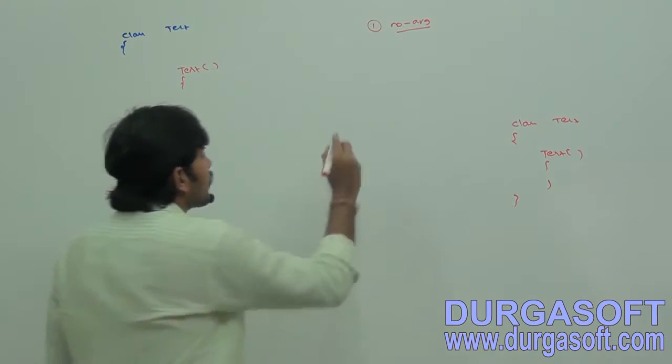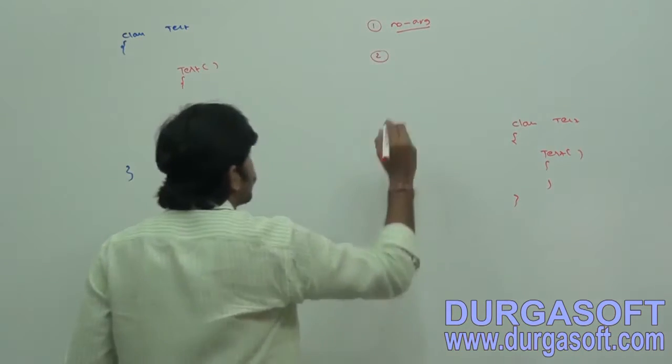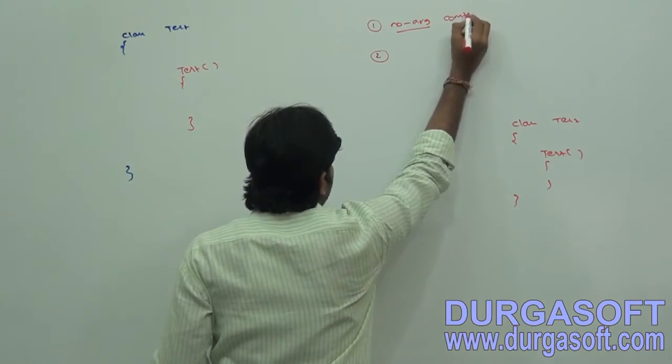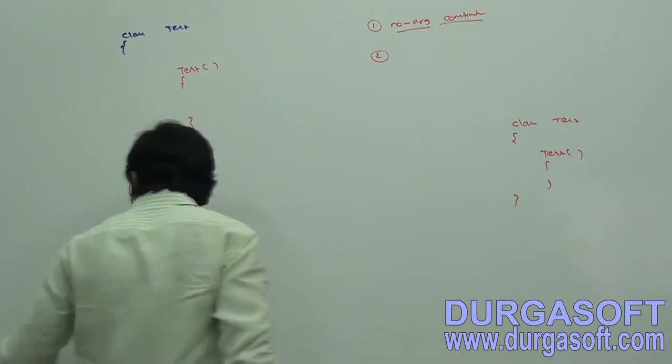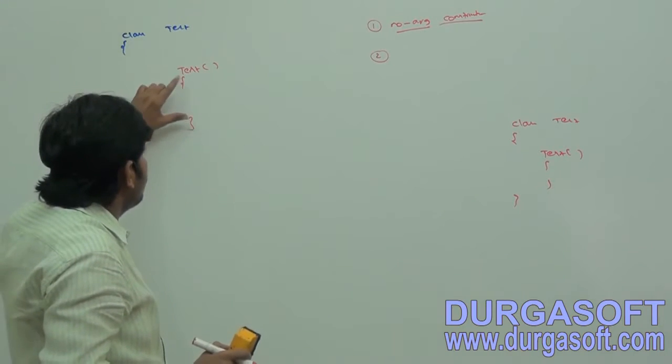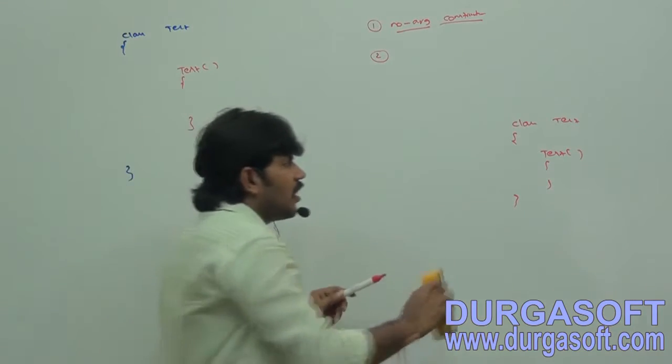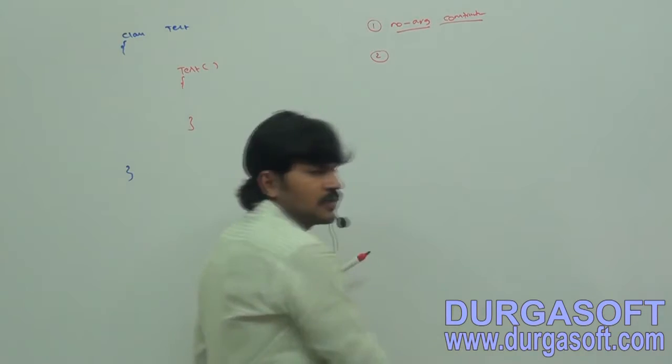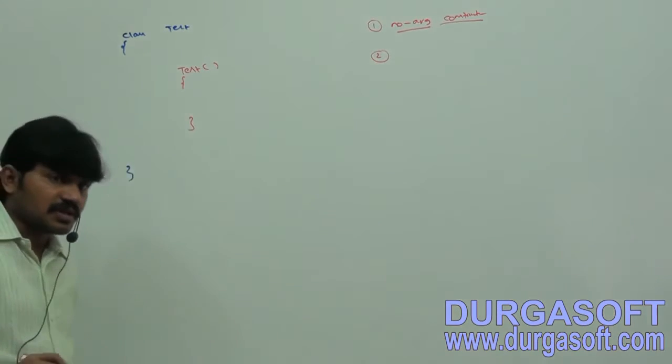The first point is that it is always a no arg constructor. Second, what is the access modifier of the default constructor?